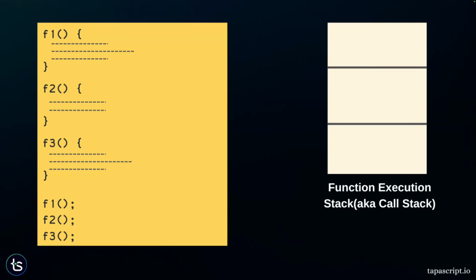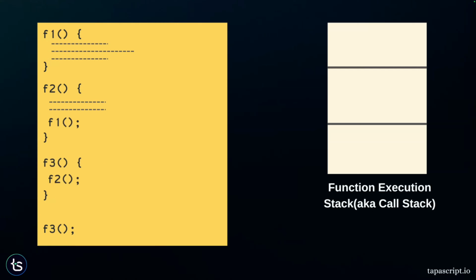F1's execution is done. Then F2 will be executed. Again, F2 got highlighted over here, and then F2 gets inside the stack. Again, F2 doesn't have any function inside it which is getting called. So it will be executed and come out. Then similarly, the same thing will happen for F3 as well.